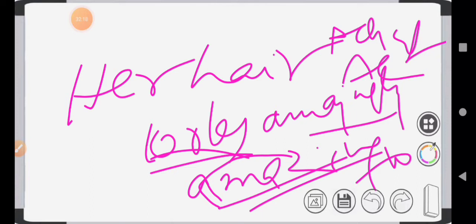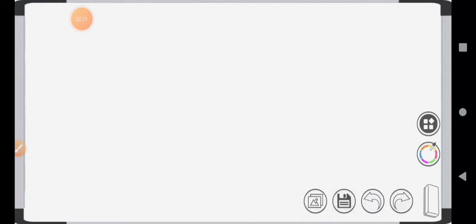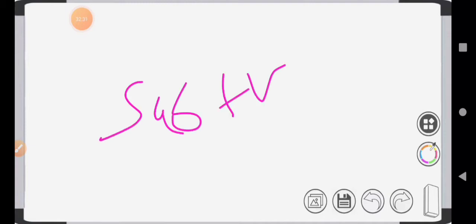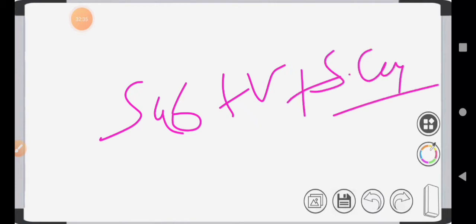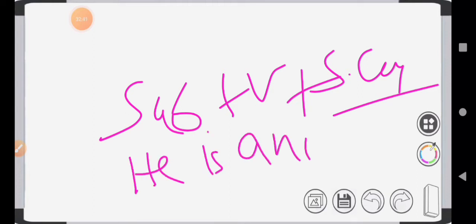These are the basic elements of the English language, my dear students. You should understand the structure also. Subject, verb plus subject complement is one of the structures. What is the subject complement here? He is a nice person.